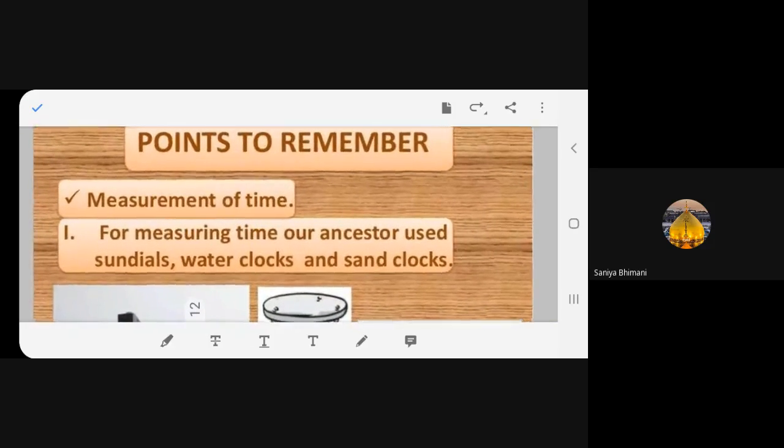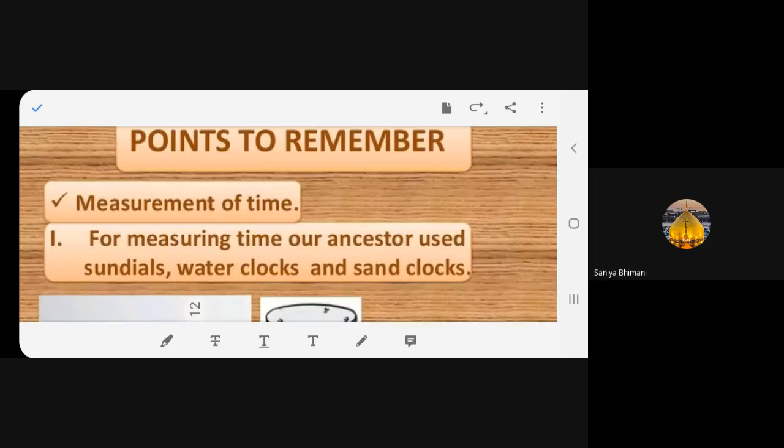So what are the points to remember? It's revision. Yes, continue. Yes, Sakina, continue. Can you hear me?